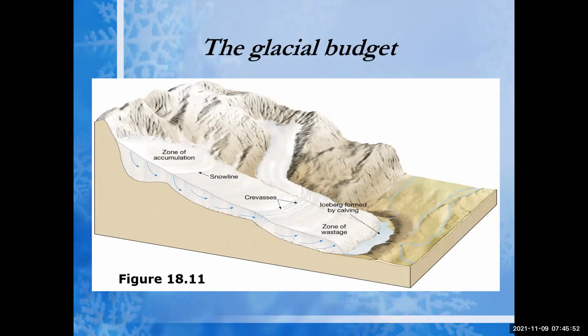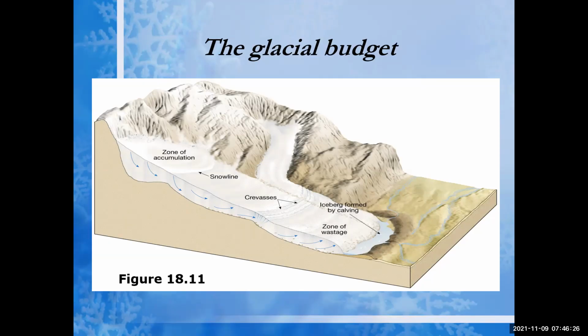During times when you have more accumulation than wastage, that glacier will extend. It will go farther than it would in a balanced scenario. When wastage exceeds the rate of accumulation, the glacier will retreat. It'll go back up slope and get shorter, because you're getting more wastage than accumulation.